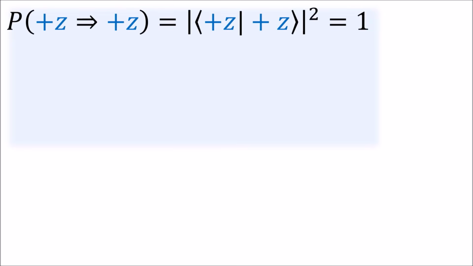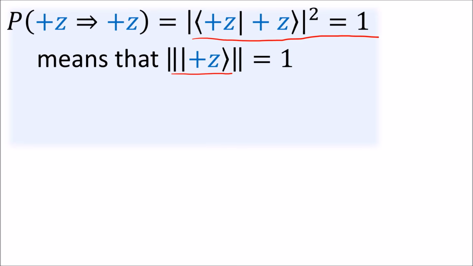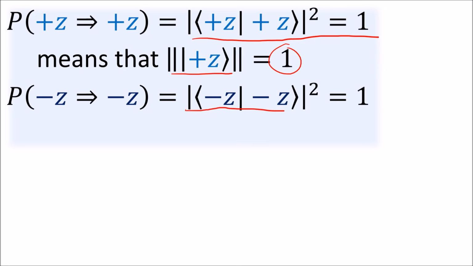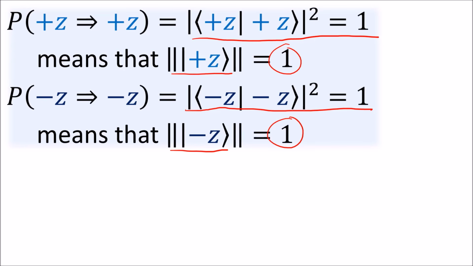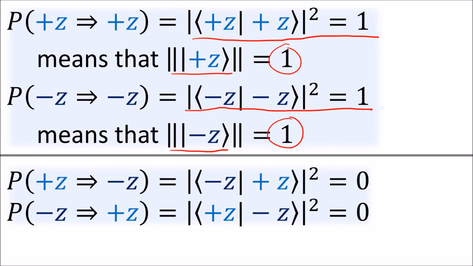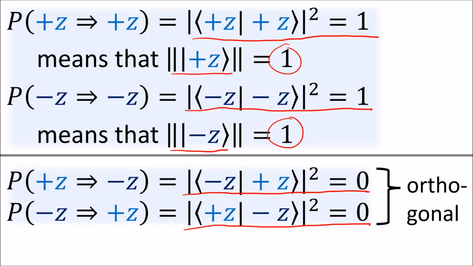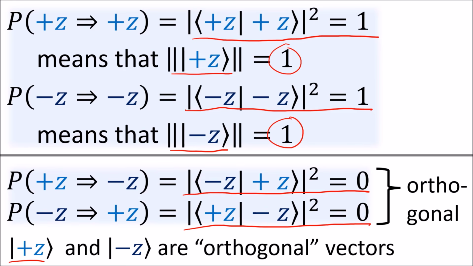All of these inner product relationships from Born's rule give us some useful information about the spin up and spin down state vectors. For example, it tells us that the spin up state has a magnitude of 1, and the spin down state also has a magnitude of 1. Also, the spin up and spin down states are orthogonal, since their inner product is 0.